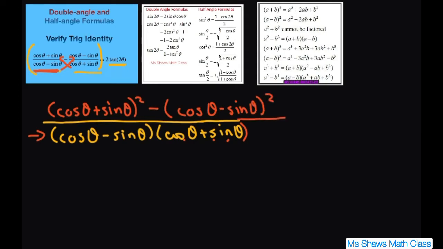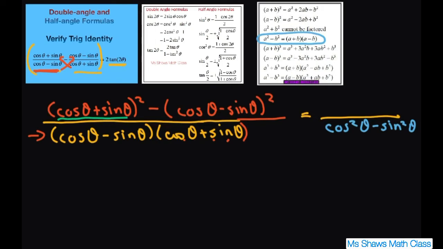All right. Now, for the denominator, this follows this format here. So that's just going to be cosine squared of theta minus sine squared of theta. So we'll leave that. The numerator, we're going to have to expand this.